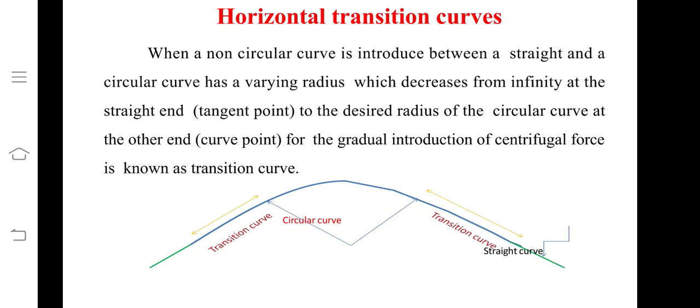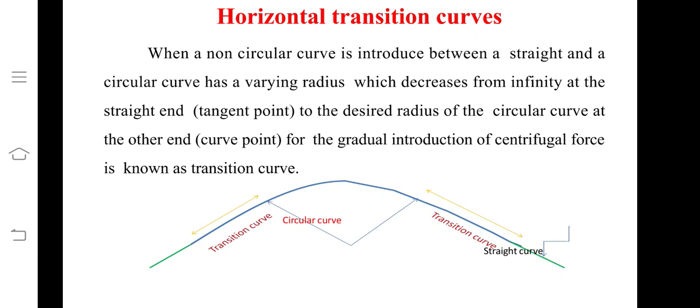The figure below shows how a circular curve is connected to an adjacent road with a proper curve. That proper provision is called a transition curve.